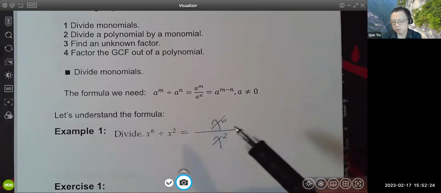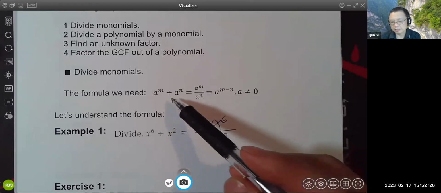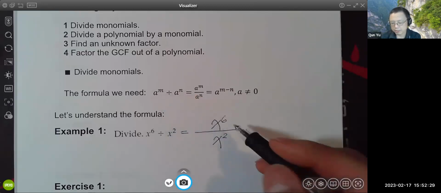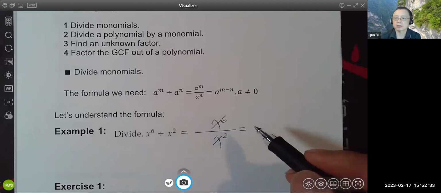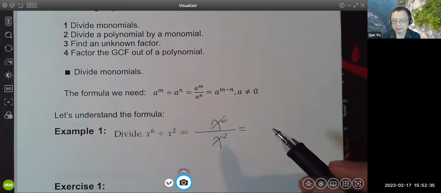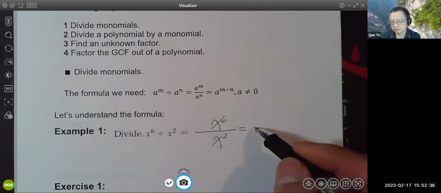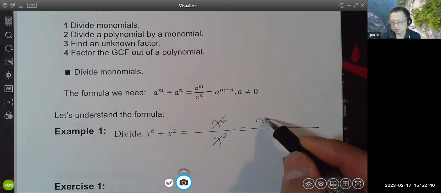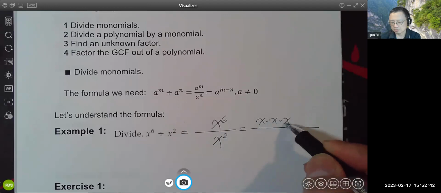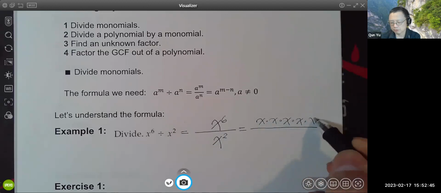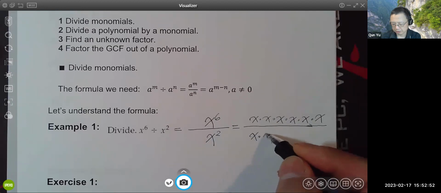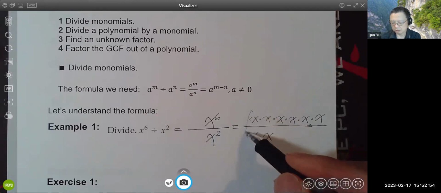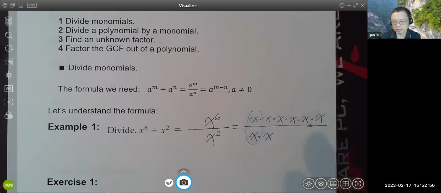Now, since we want to explain this formula, we don't use this formula directly, we do this by definition. x to the 6th power really means you multiply x by itself 6 times, right? So I get x, x, x. Now let's get 3 more. So that's the meaning of x to the 6th power. And we have 2 x's on the bottom. Now they are the same, no matter what they are, but they are the same, right?